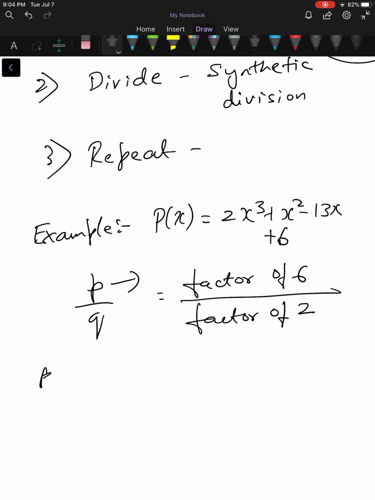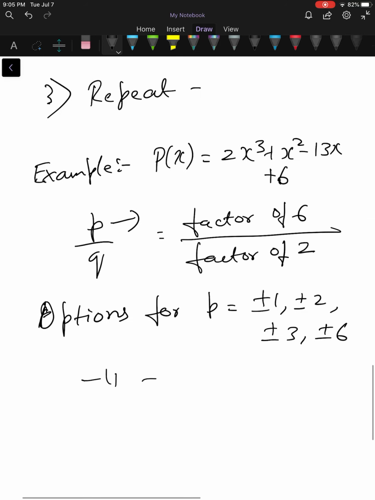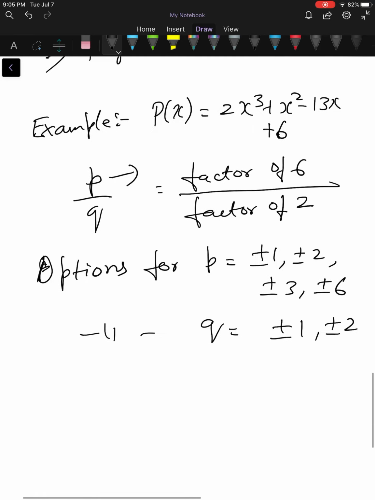So options for p would be plus or minus 1, plus or minus 2, plus or minus 3, and plus or minus 6, correct? And options for q would be plus or minus 1 and plus or minus 2. So what are all the possible fractions or the zeros that you can have? That would be plus or minus 1, that is 1 over 1, and plus or minus 2, correct?